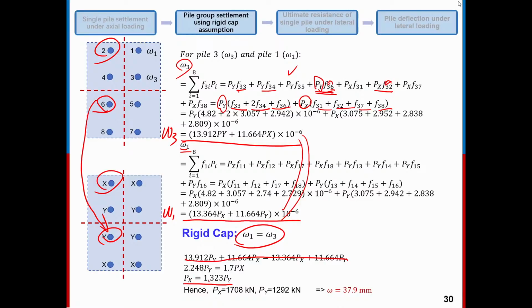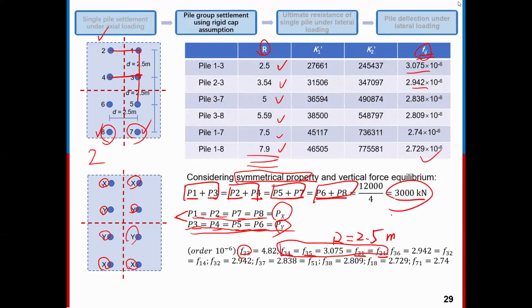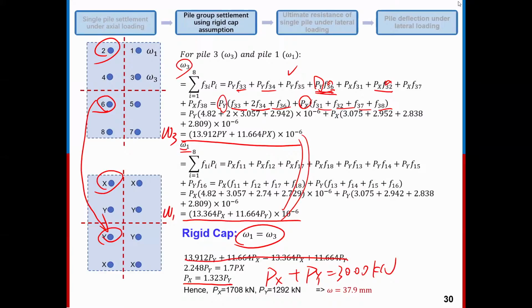Okay, so Px is equal to 1.323 times Py. Another thing, Px plus Py is equal to 3,000 kilonewton. If you still remember here, 3000 kilonewton. P1 is Px, P3 is Py, right? So 3000 kilonewton here.